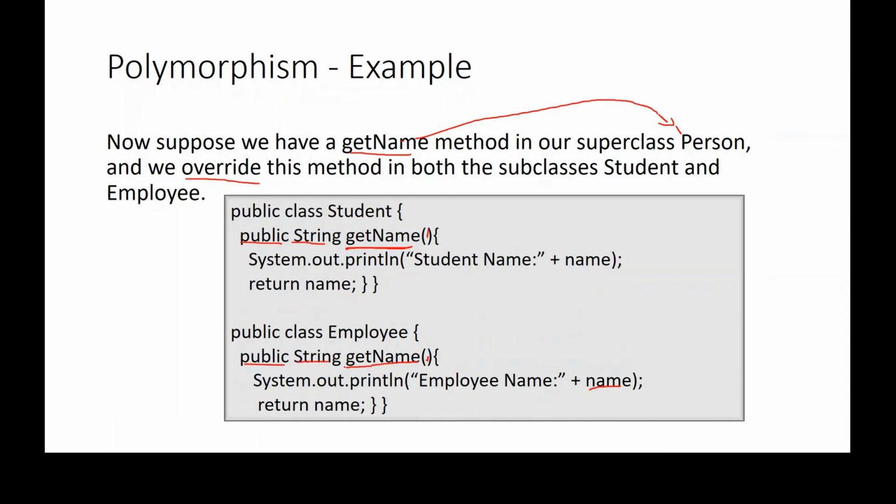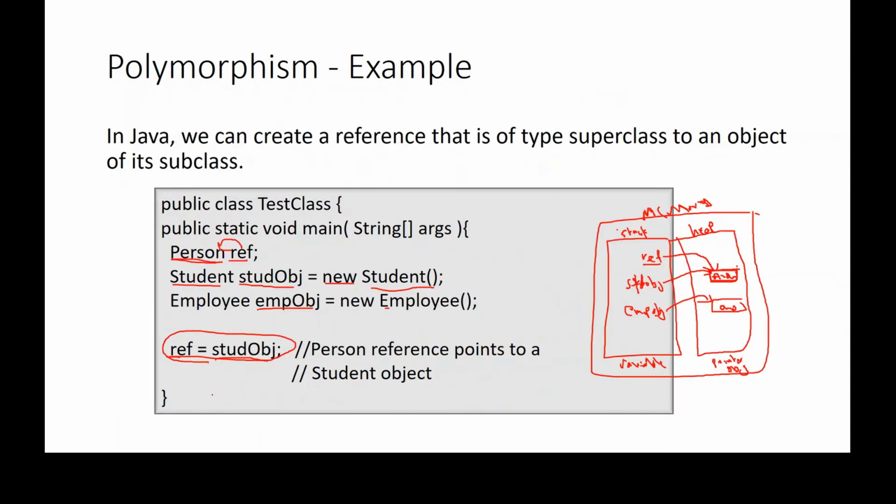Here after this method, we have a variable called temp equal to ref.getName.